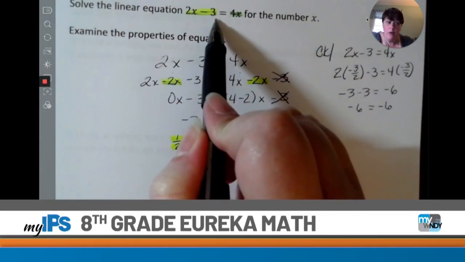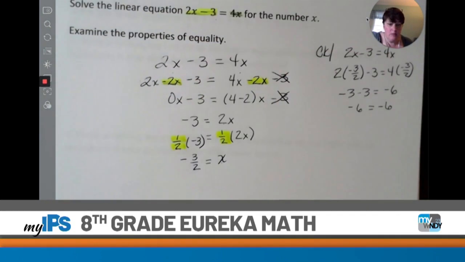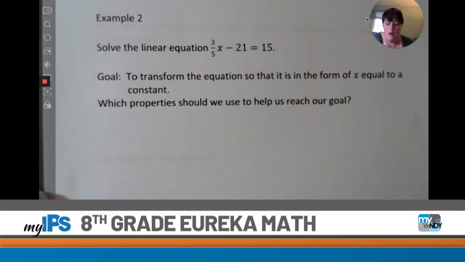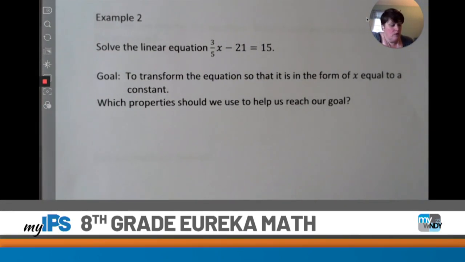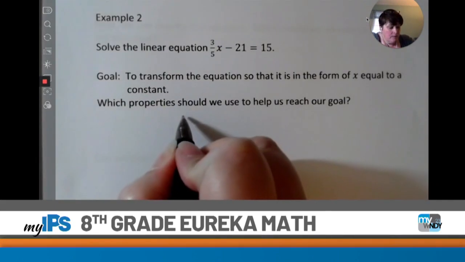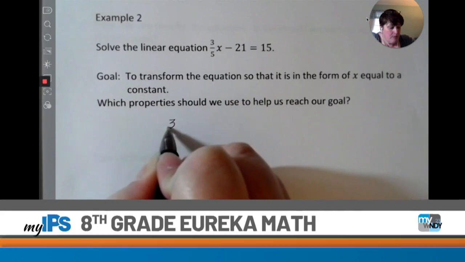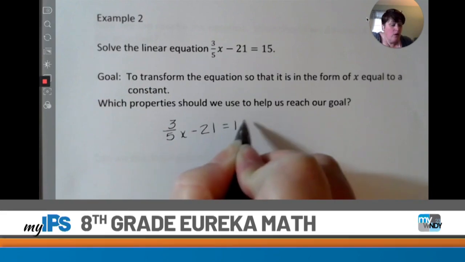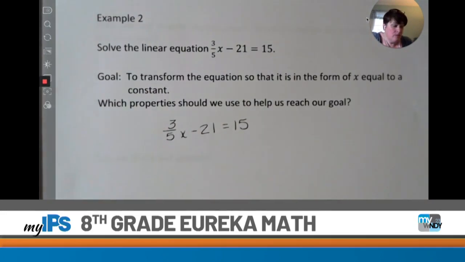Great job, guys. Let's take a look at another example. Let's take a look at example 2. Example 2 is 3/5 x minus 21 equals 15. We're being asked to solve this.